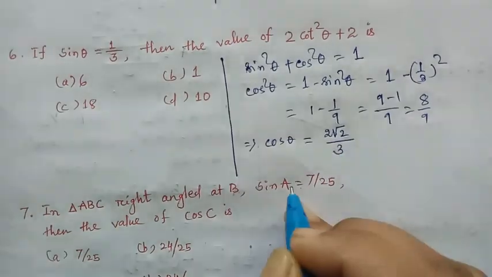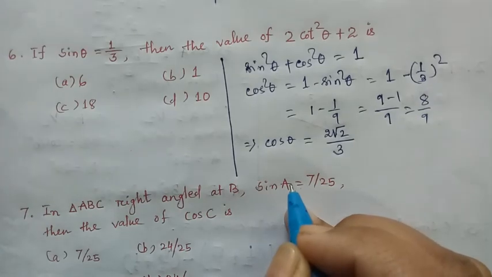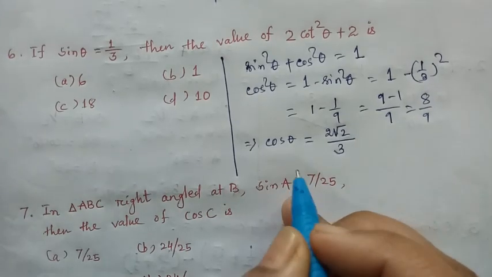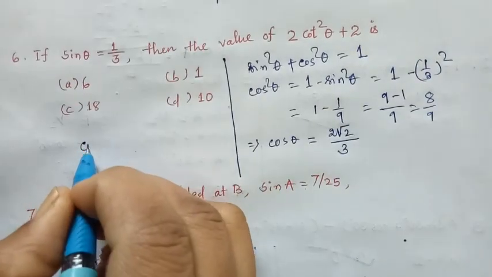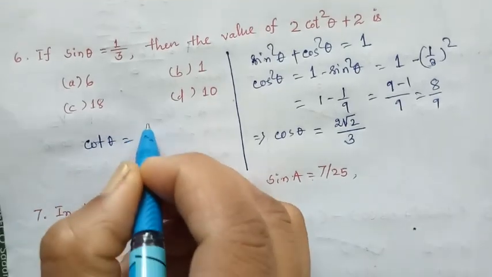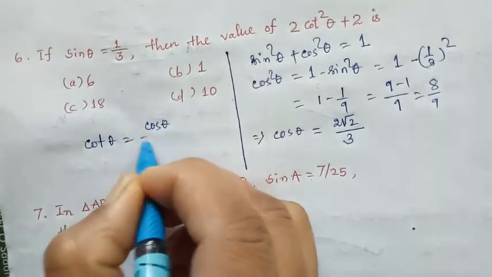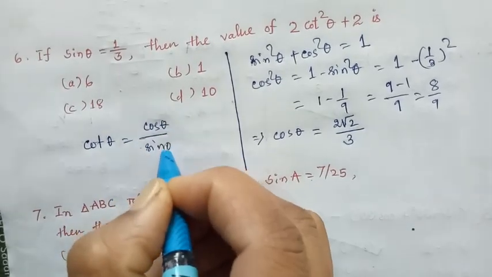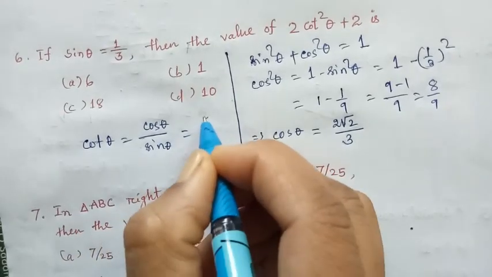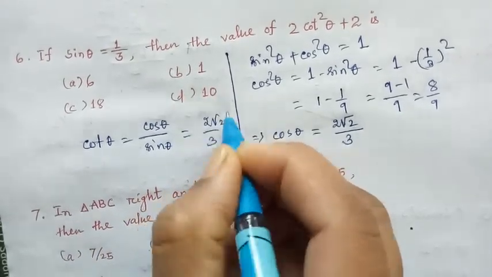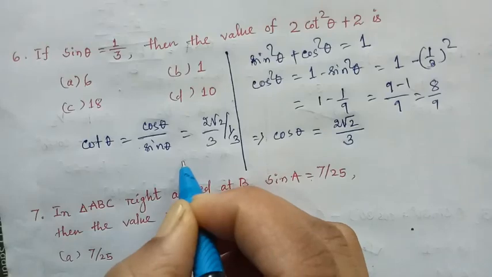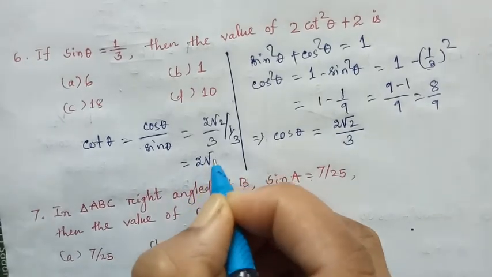Okay, now we have to find out cot of theta. So cot of theta is cos theta upon sin theta, that is equal to 2 root 2 by 3 upon 1 upon 3, that is 2 root 2.